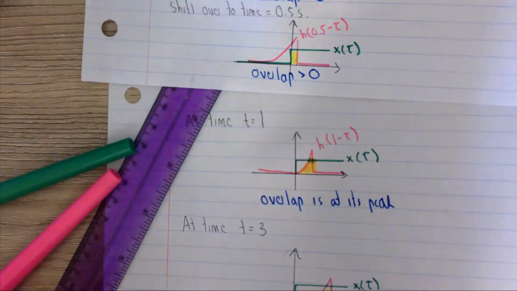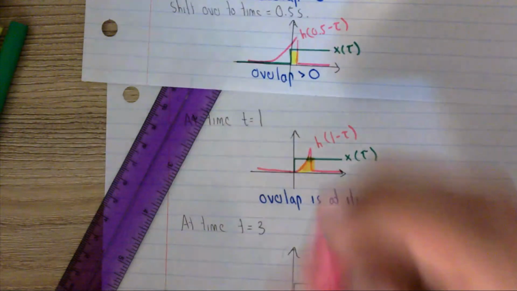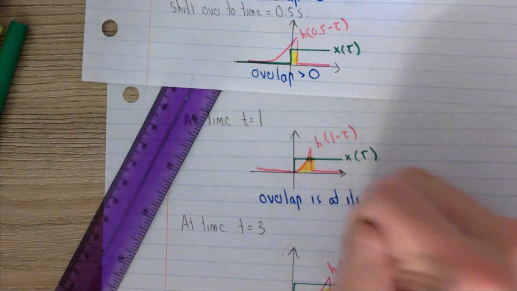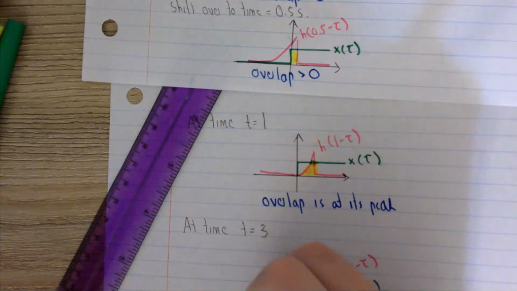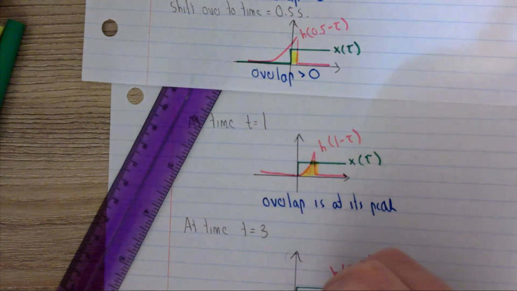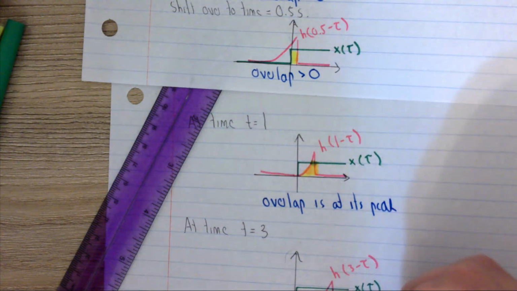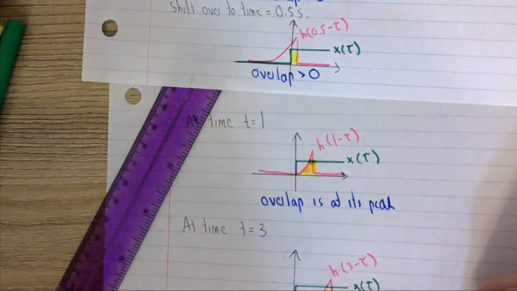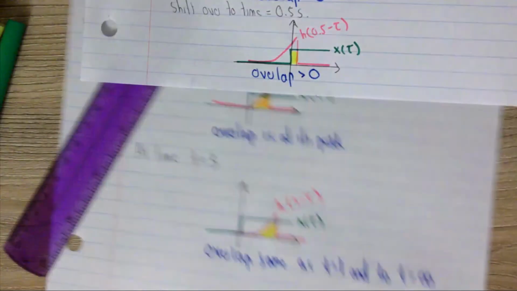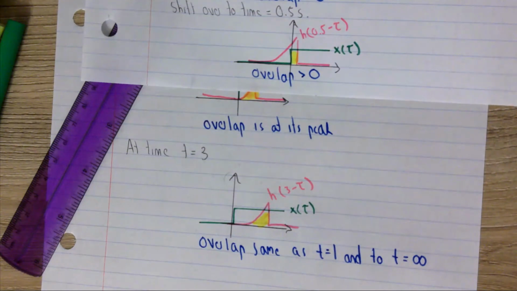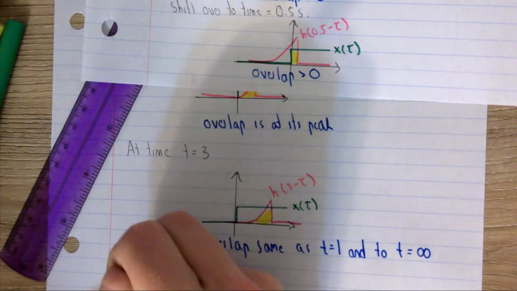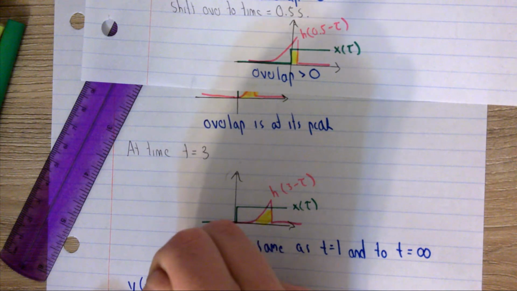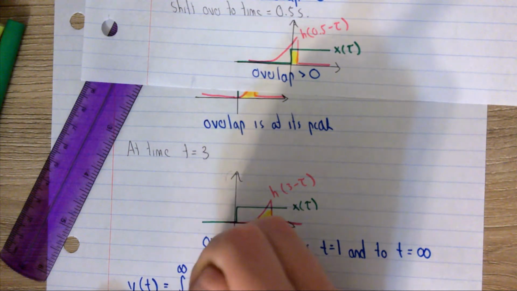And since it's the same, when we do t equals 1 and 2, up to t equals infinity, since the unit step goes on and on and on forever, what we're going to see is that this graph, specifically y of t, which is a graph of the overlap, is from negative infinity to infinity between the two curves.